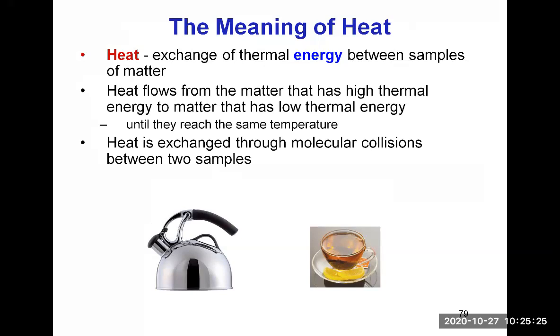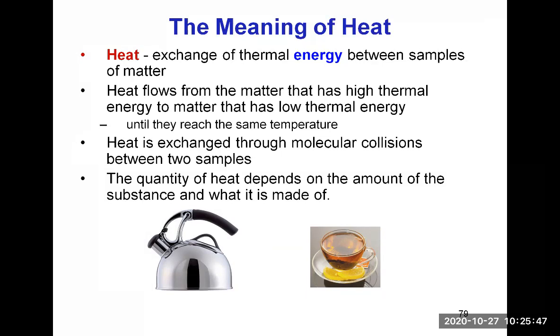So heat is exchanged through molecular collisions between the two samples, right? Because molecules are vibrating or moving around. Those collisions allow the heat to flow from the high thermal energy to the low thermal energy sample.